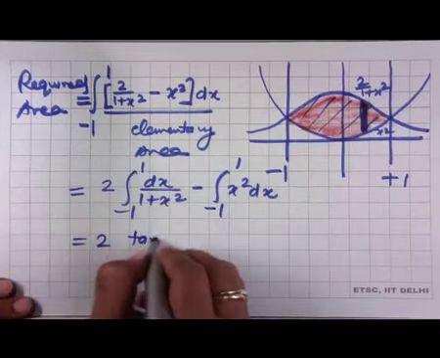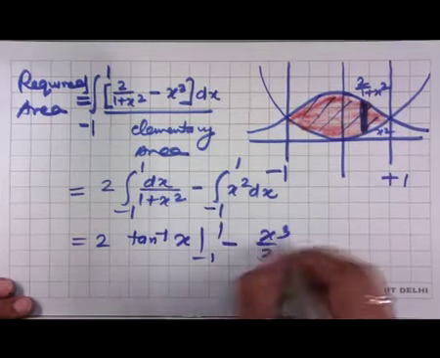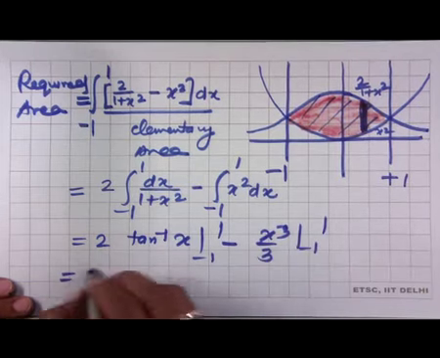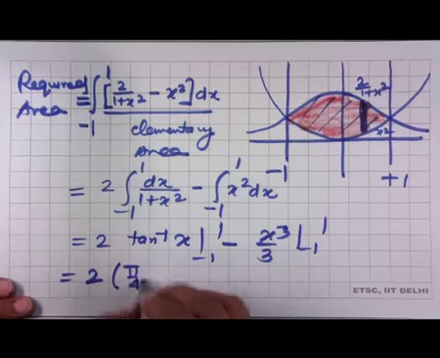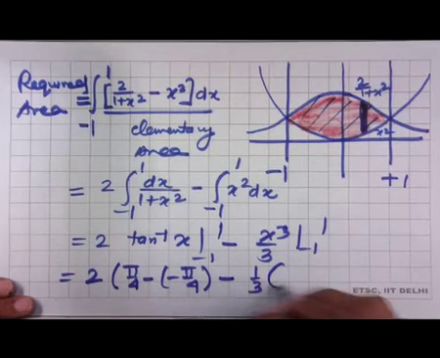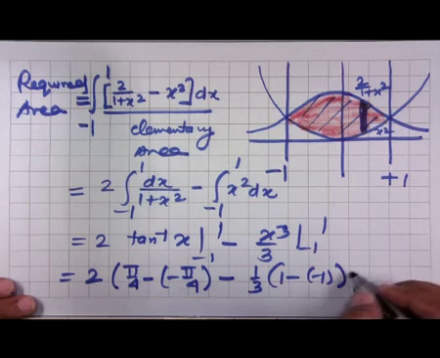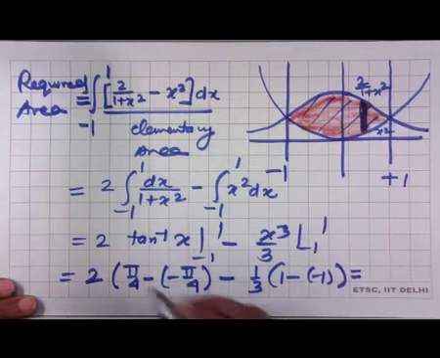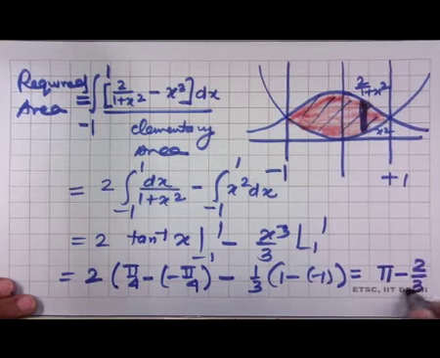That is 2 tan inverse x from minus 1 to 1, minus x cube by 3 from minus 1 to 1, which is 2 times pi by 4 minus minus pi by 4, minus 1 by 3 times 1 minus minus 1. So your final value will be pi, minus 2 by 3. So this is the final answer.